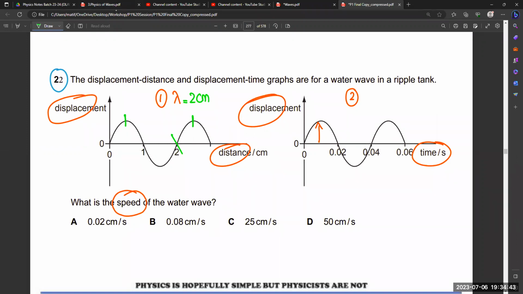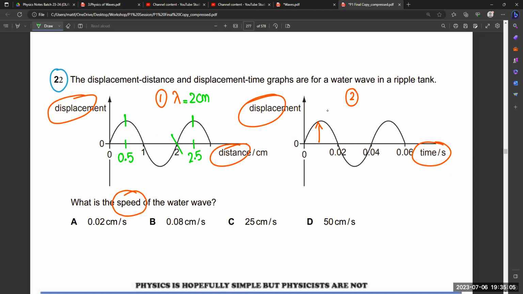And if we consider this value, this will be 0.5. We know between 0 and 1, it will be 0.5, and between 2 and 3, this is 2.5, right? So 2.5 minus 0.5 will be equal to 2. Okay, so we found the value of lambda.